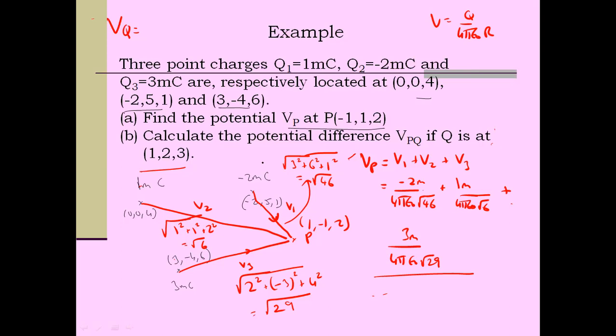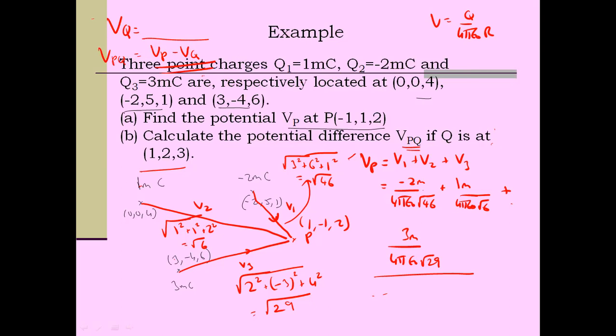You have to find the distance from the charges to the point Q, as we have done here. And then you need to find the VQ potential, and afterwards you can calculate the potential difference VPQ by simply subtracting the potentials of P and Q. So that will give us the VPQ.